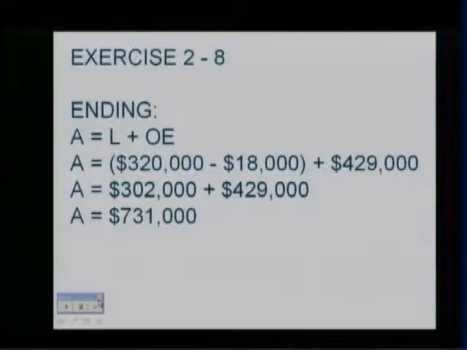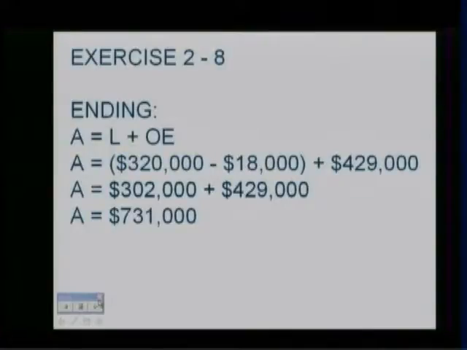What I did on Exercise 2-8 was to start at the end of the year and take my balance sheet equation, assets equals liabilities plus owner's equity. Now I don't know assets, but I do know that the liabilities of $320,000 were shown at the beginning of the year, and that they decreased during the year by $18,000.